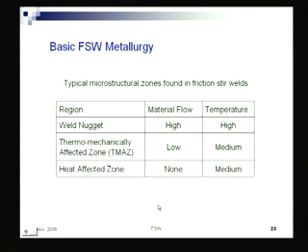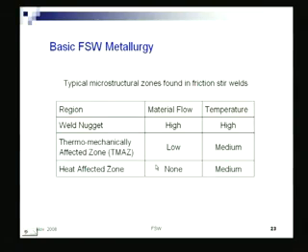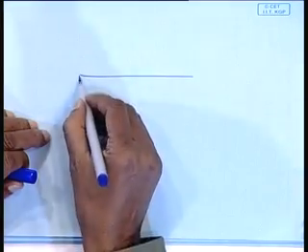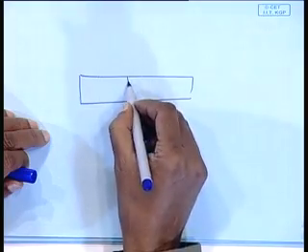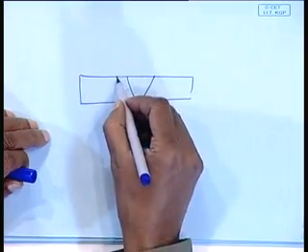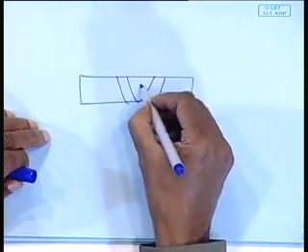Well, a little more about what happens in this. Like in thermal welding, the fusion welding we have seen, as far as the microstructural aspects are concerned, what you saw is you have a fusion zone, and then you have a heat affected zone.